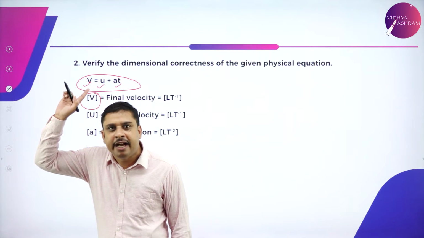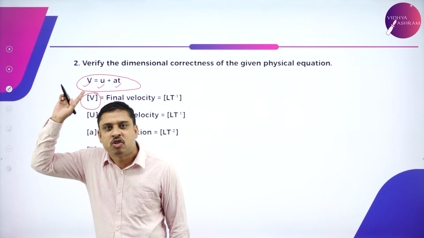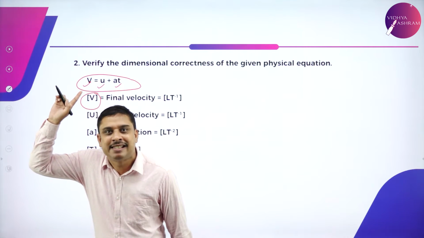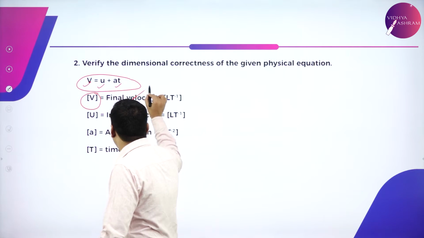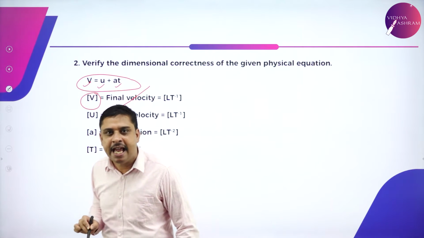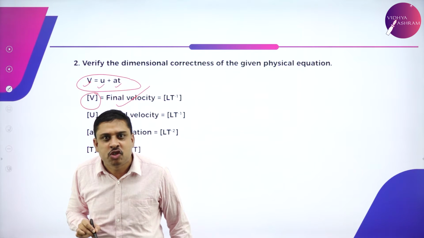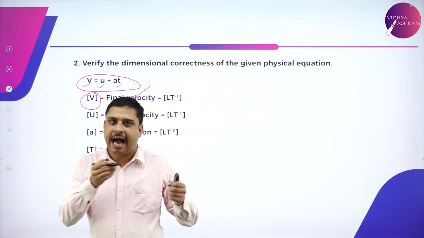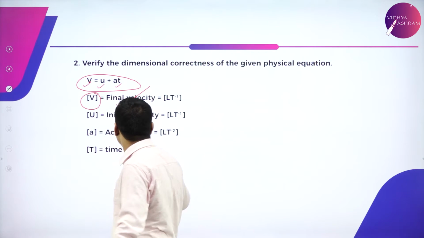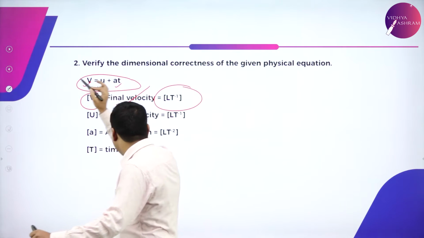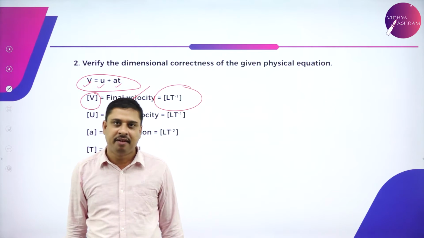Now, in this equation, what does V refer to? Sir, my 9th standard, motion in one dimension, final velocity. Good. V represents final velocity. What is its dimensional formula? Either initial or final velocity, it is LT minus 1.